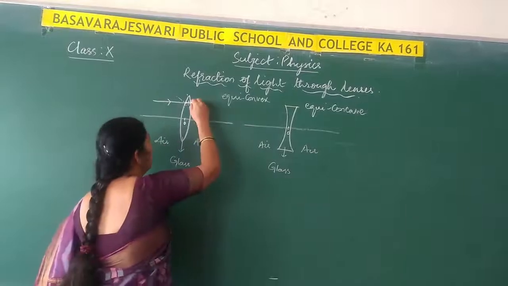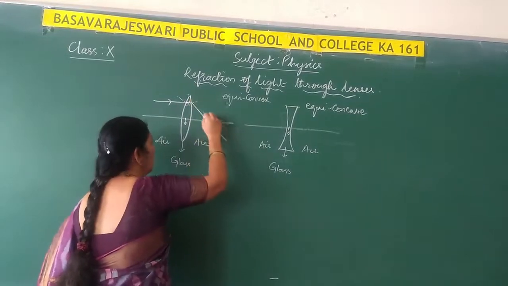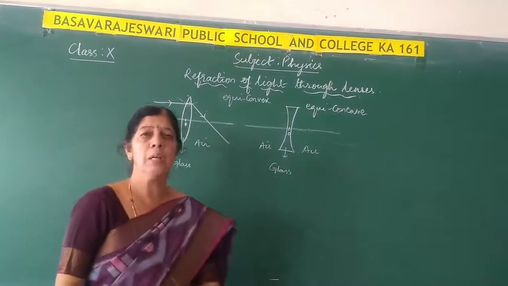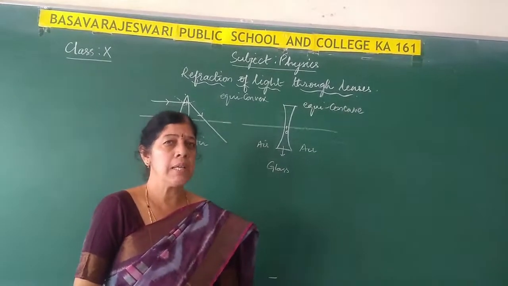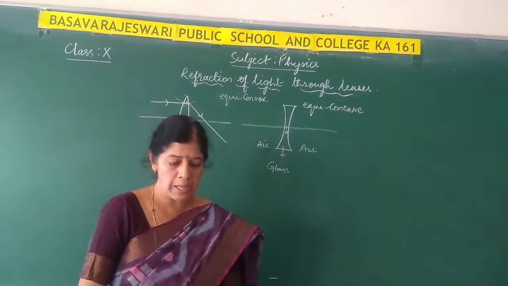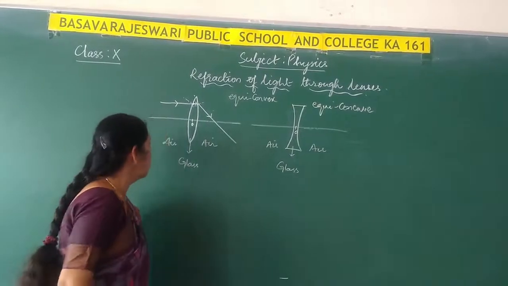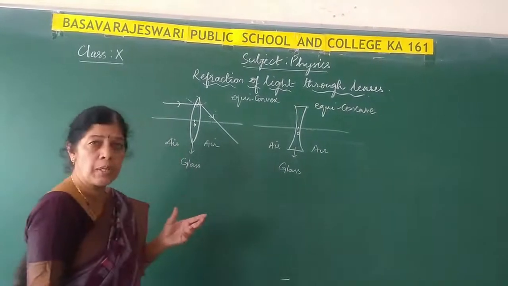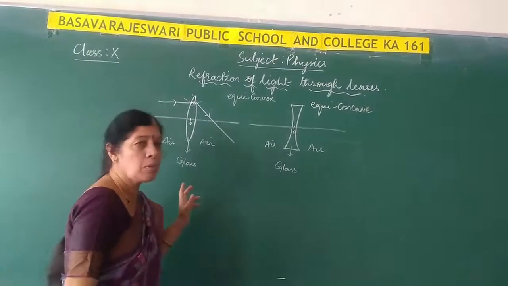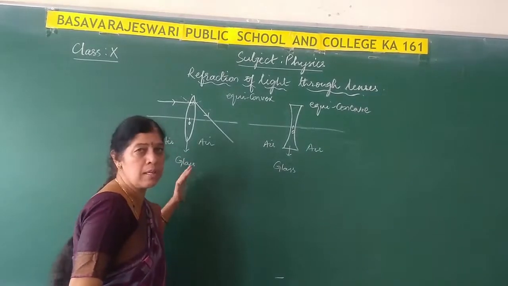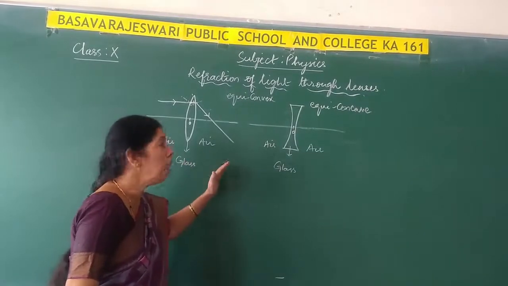It bends away from the normal. So this is the exact refraction of light that takes place when it passes through a lens. Now how many times is the light undergoing a refraction? The light is undergoing a refraction 2 times. Once from air to glass and second time from glass to air.